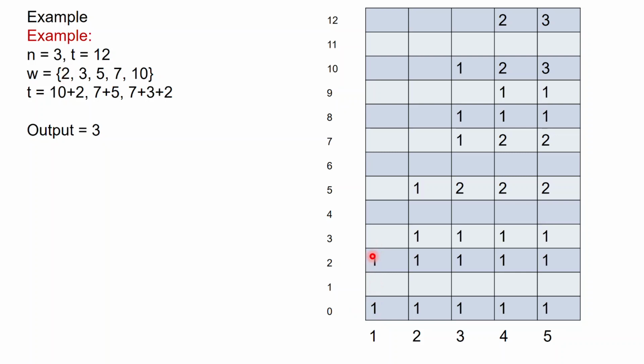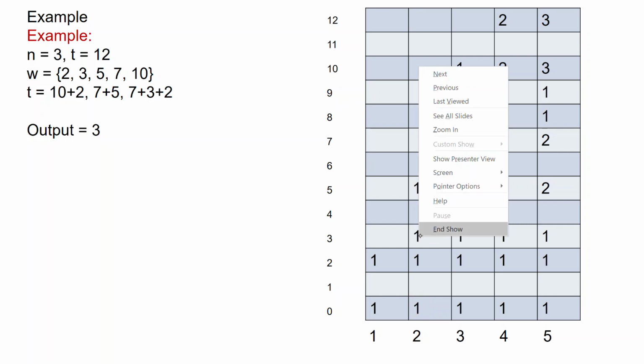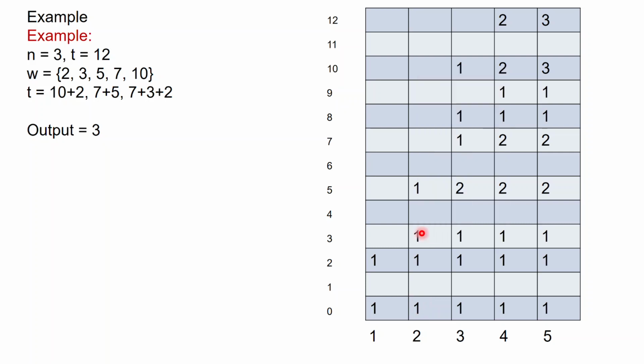Okay. Then you fill the second column. So how do you go about it? The second weight is 3. So you can obtain any value by summing the value for the same sum with 1 less weight, plus the previous sum minus the weight.